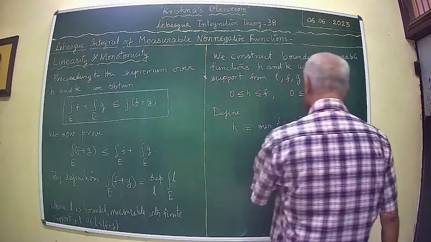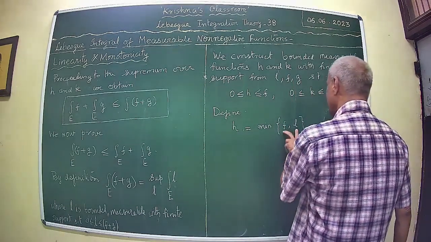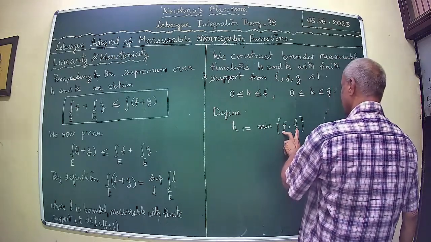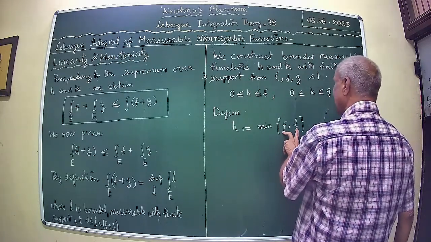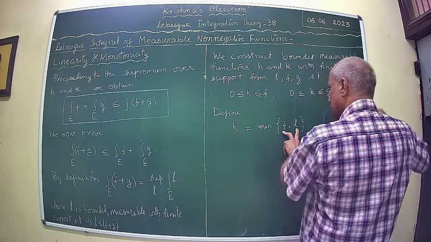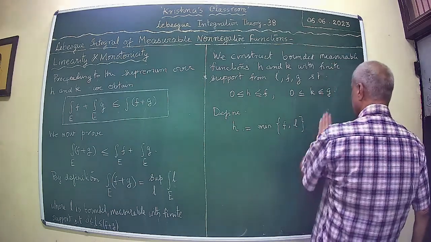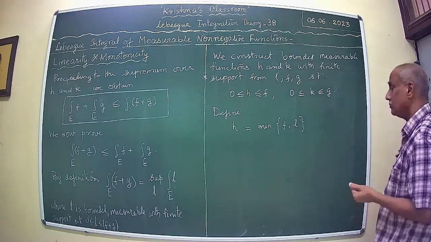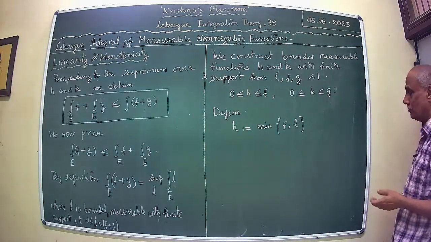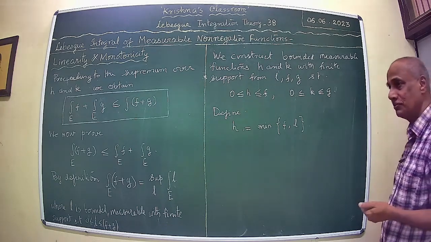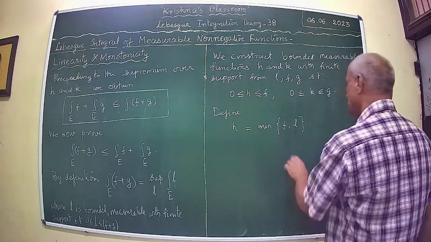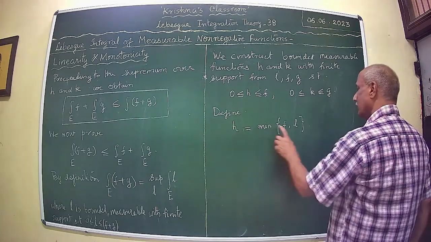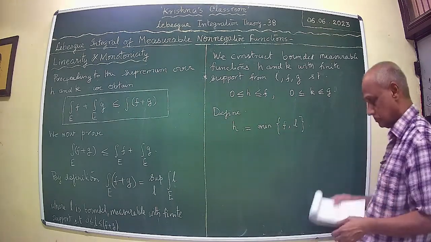Otherwise, if the value of f at a point is less than that of L, because L is something that supports f plus g, it can exceed at points the value of f. So at those points h of x will be equal to f of x.